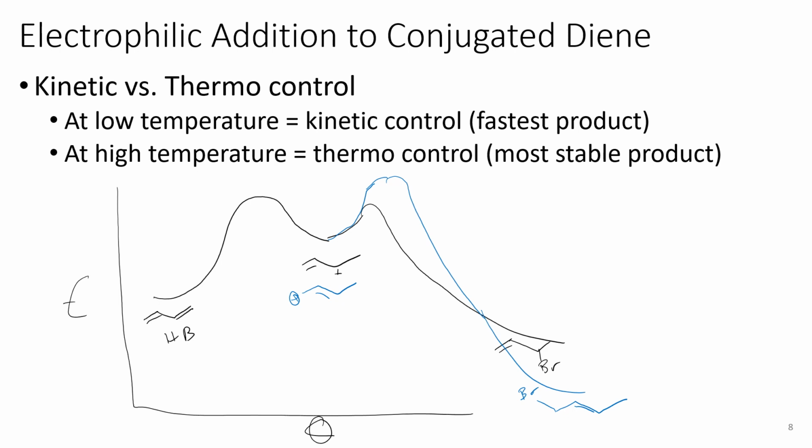When we have a lot more energy, we have the energy to get over that second high energy barrier with the primary carbocation to get to that more stable compound. Once we have established that more stable compound, we don't have enough energy to reverse that reaction. So through the changes in free energies of activation with the different intermediates, we can control or predict kinetic control versus thermodynamic control.